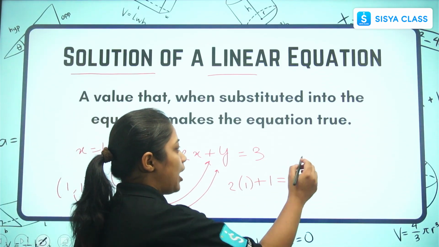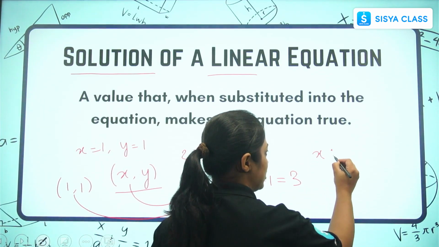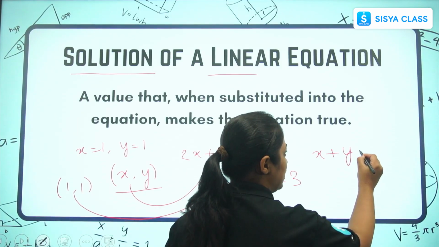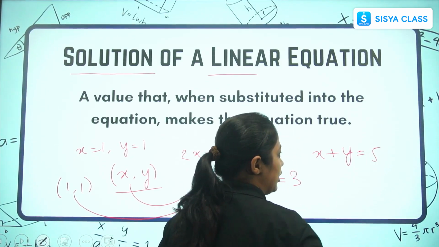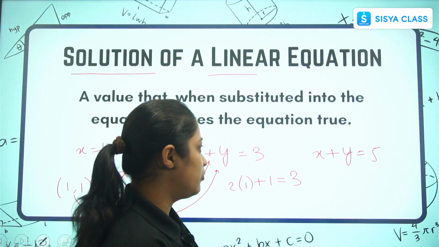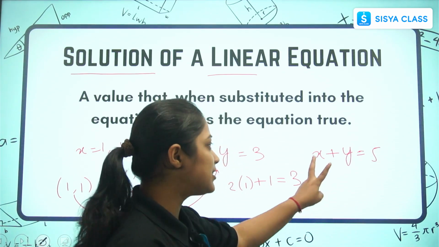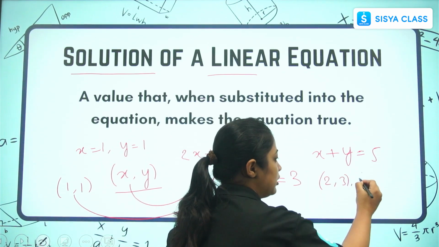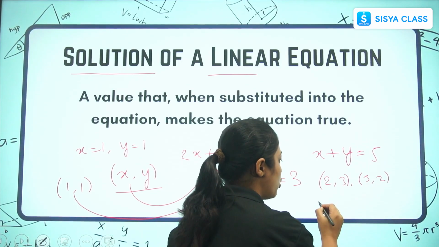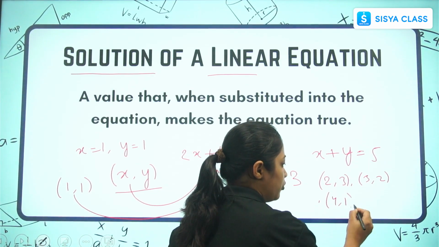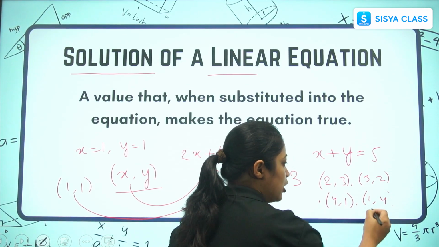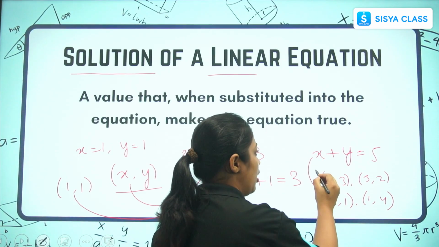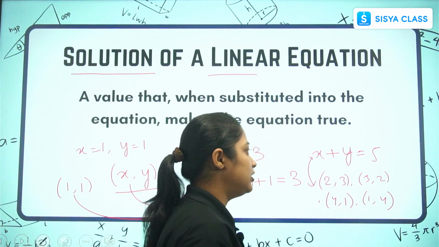Okay. For example, here you have this equation x plus y equal to 5. Now what are solution of these linear equation? So any pair which satisfy this equation. So if you take 2 comma 3, 3 comma 2, 4 comma 1, 1 comma 4. So all of these are solution of this linear equation because they are satisfying this linear equation, right?